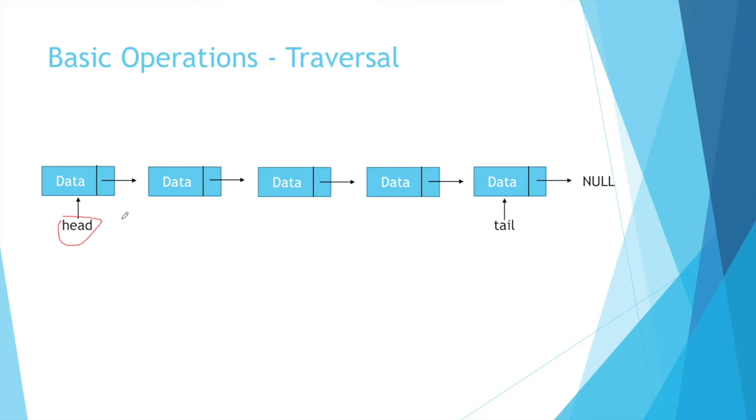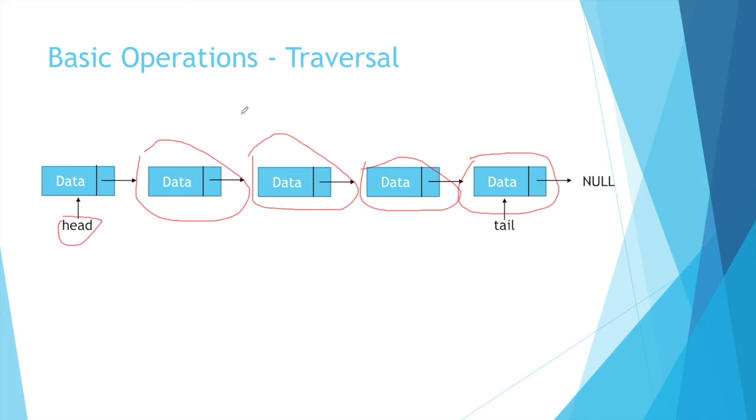If I have head, I can go one by one, like head of next. From head, I can access this element. And from this element, I can access this element. From this element, I can access this element. And that is the whole concept of linked list. From one element, you go on to the next element, to the next, to the next. And that's basically how you traverse.